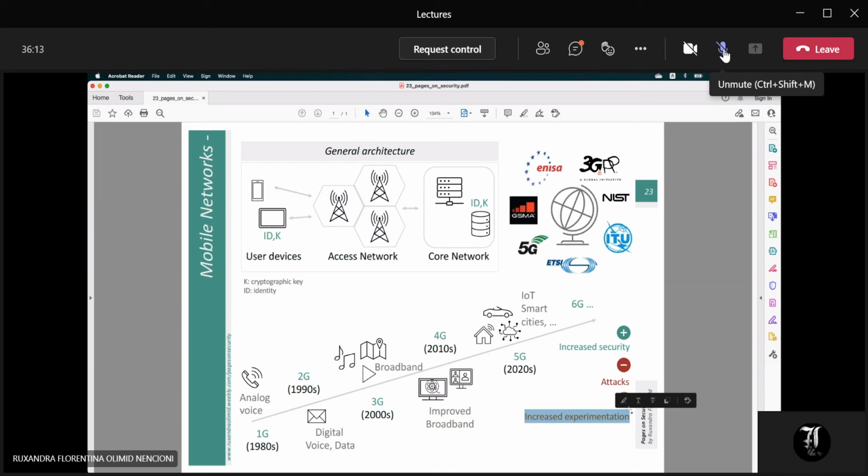From our security perspective, how does a user in a mobile network normally gain access to the network? With the provider, the network provider will rent a SIM, and the user will use the SIM card to access the provider's network. Perfect.